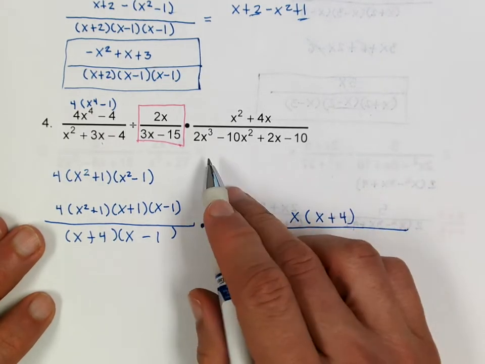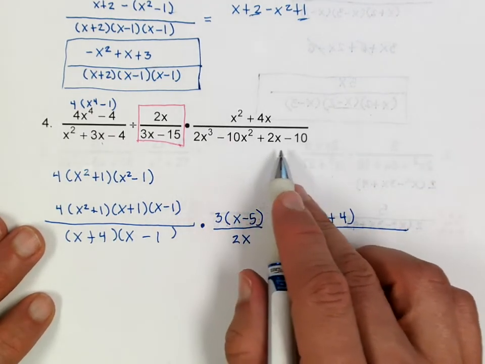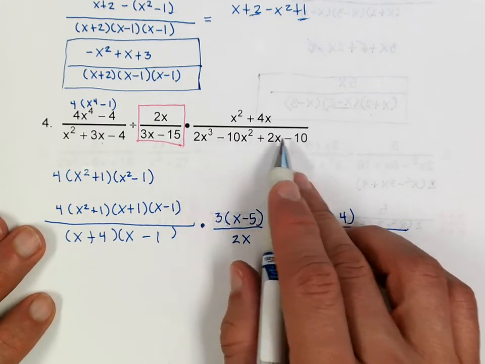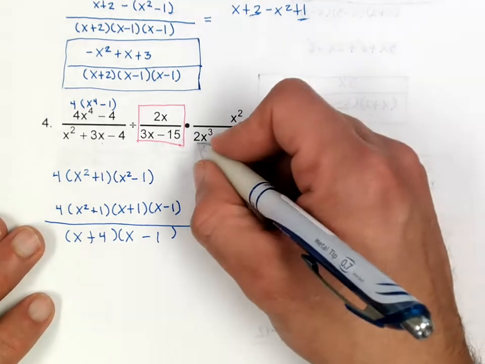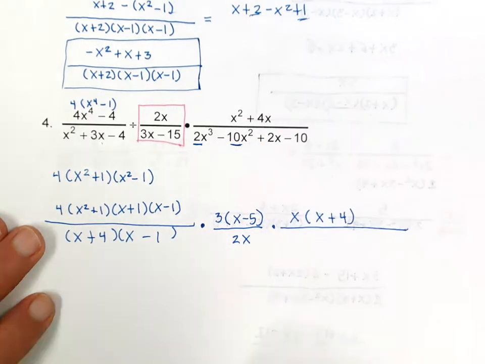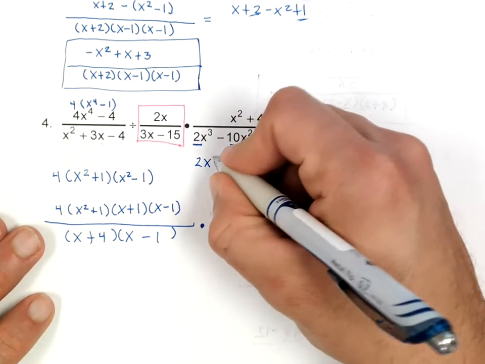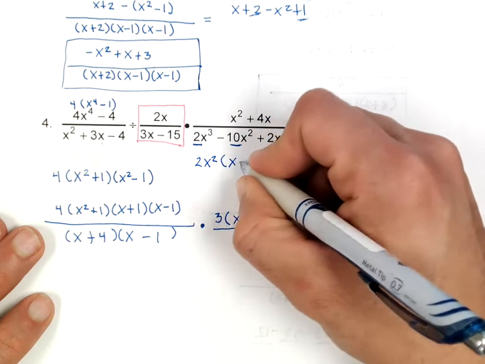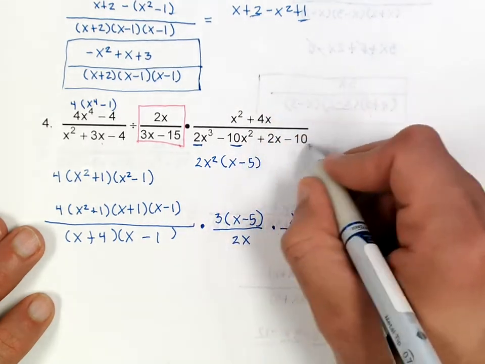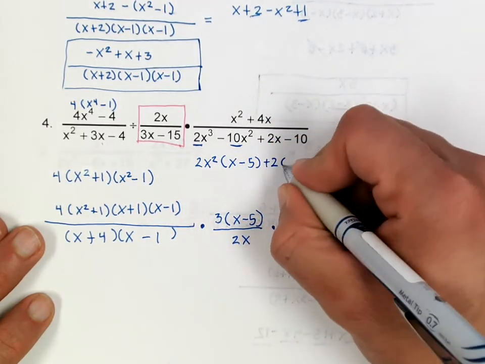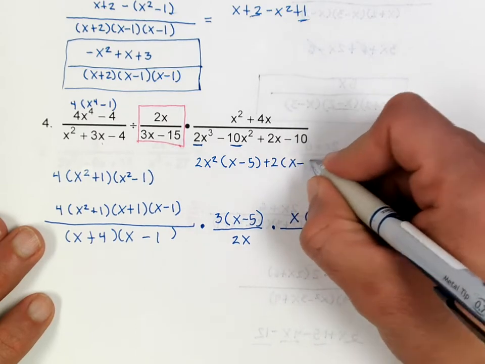On the bottom, this is going to be factor by grouping. I'm going to do it up here so I can write it all at the same time. I have a common factor of 2x squared, and that's going to give me x minus 5. This has a common factor of 2, so it's going to give me a factor of x minus 5, which is good.